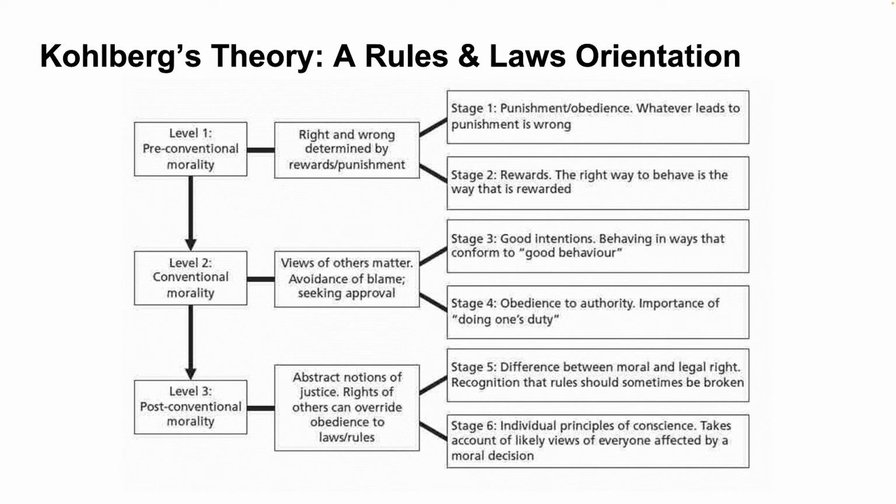This is in young adulthood, that everybody who's affected by a moral decision, you have to think about that. So at this point, it's completely the opposite of the first level, where it's all about you, and whatever leads to punishment is wrong, whatever is the right way to behave is whatever becomes rewarded. Well, we know that you can be rewarded for doing really bad things. So it's not until this level 3 that you're really taking that into consideration.